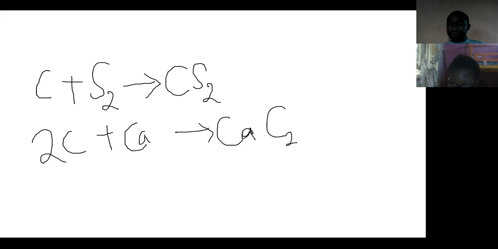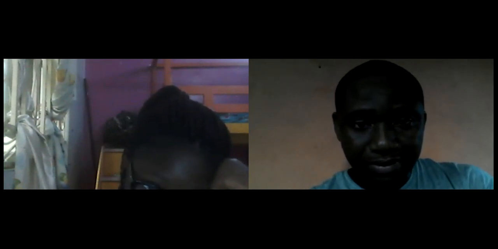The third reaction for carbon is carbon as a reducing agent. Carbon is a strong reducing agent.